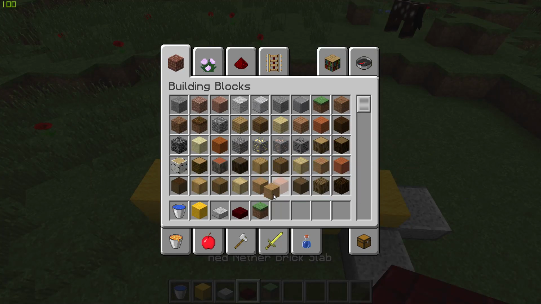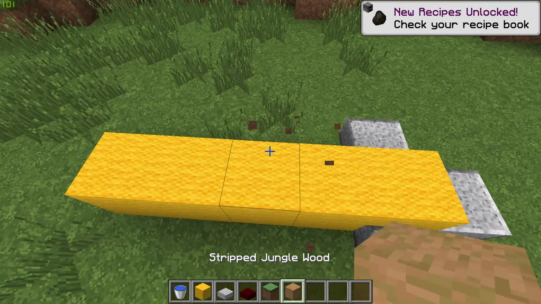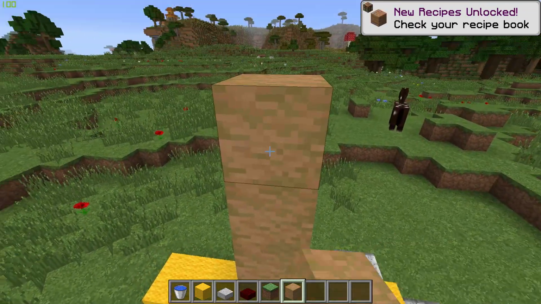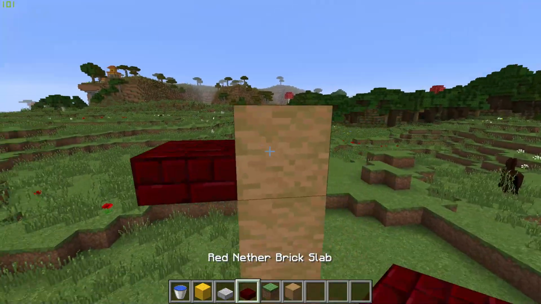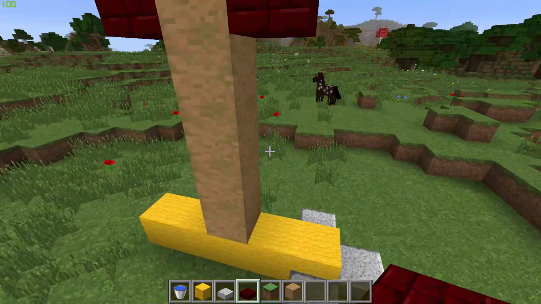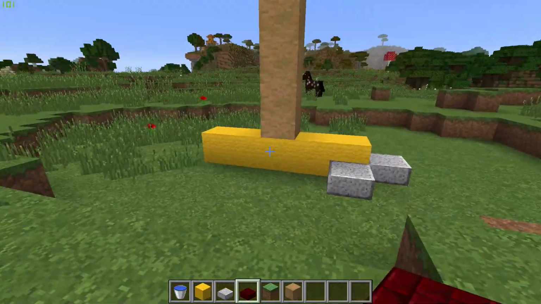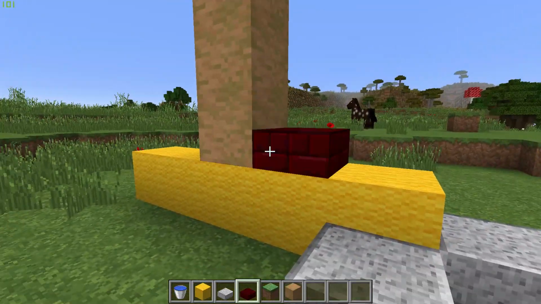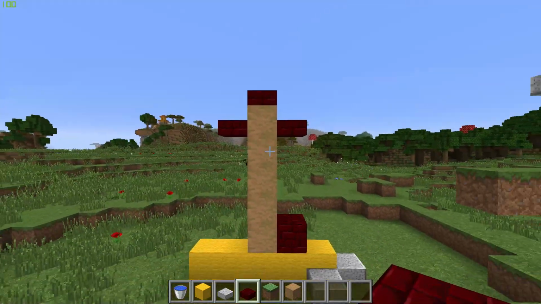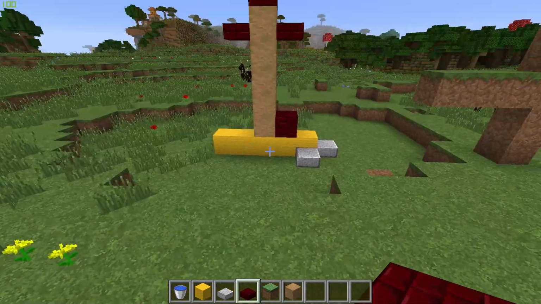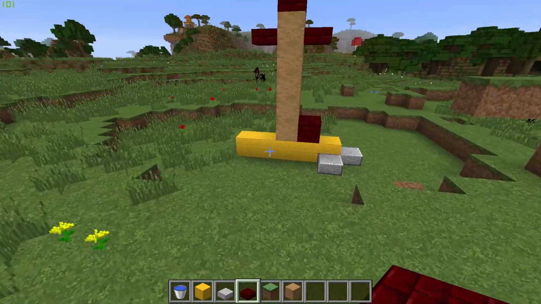So let's take stripped jungle wood, and it's going to go up just like that, and this is the normal vector. So it's perpendicular, it's 90 degrees here, and it's going upwards from the initial vector.